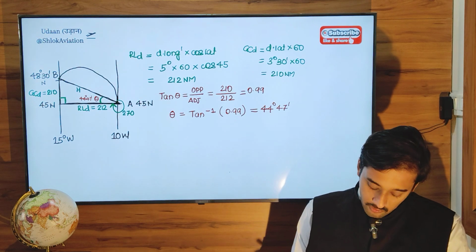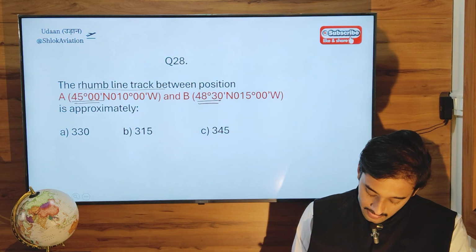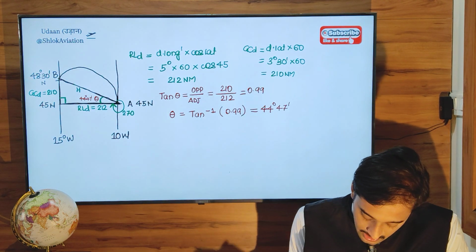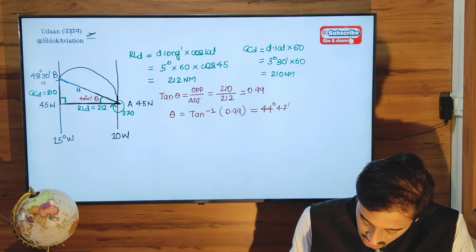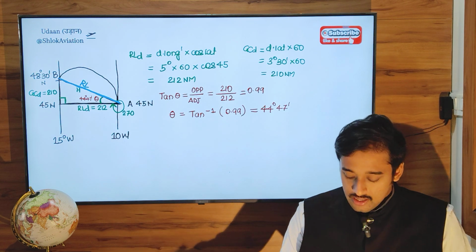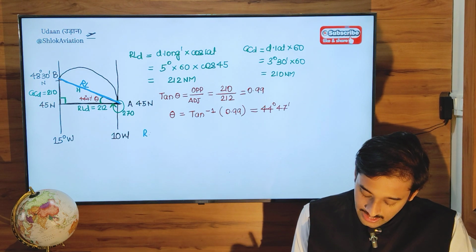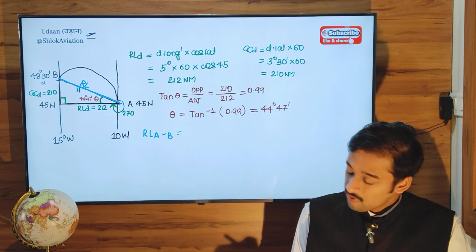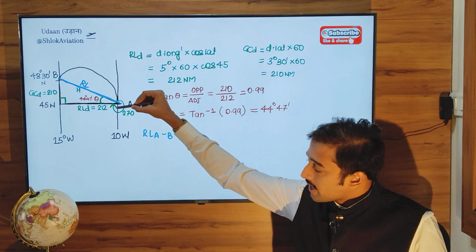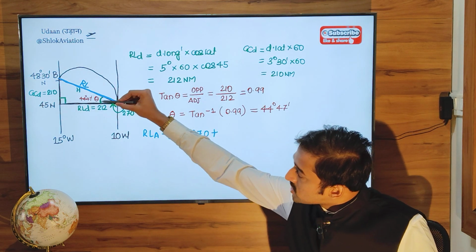Now we have been told to find the Rhumb line track between A and B. As you can see, the Rhumb line track between A and B, which is this Rhumb line track, okay, pay attention. This particular Rhumb line track between A and B is made of two parts. First, this angle 270 up to this side of the triangle, plus the extra part, which is theta.